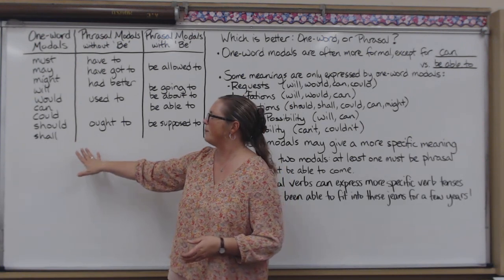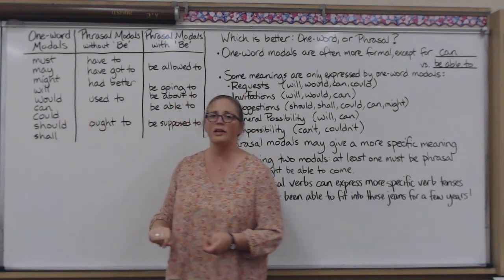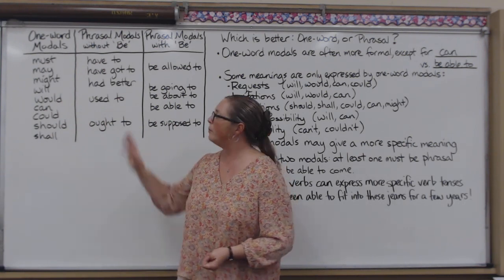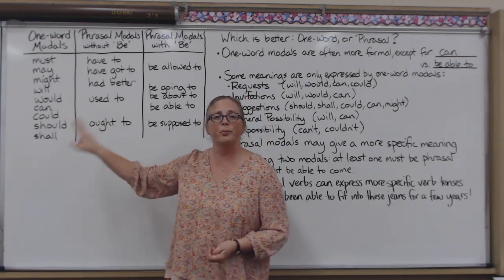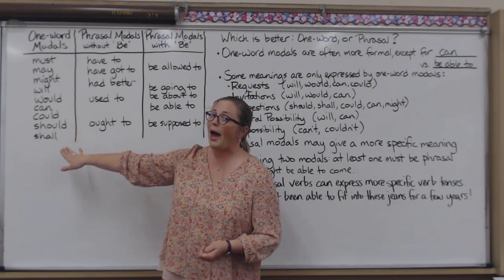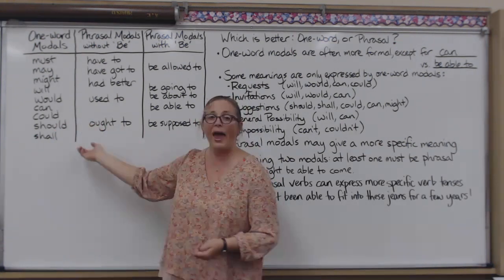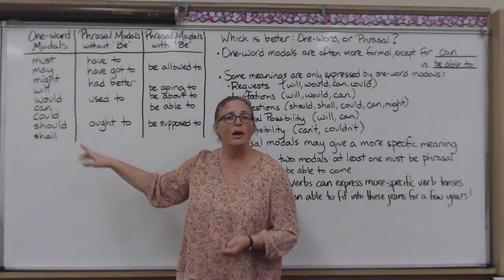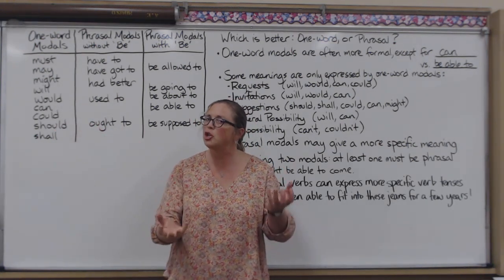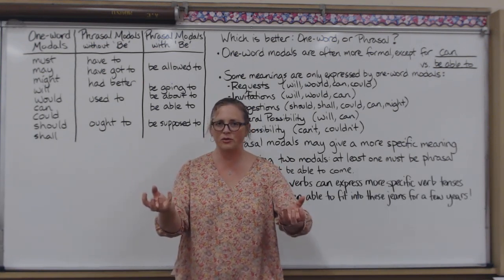There are some exceptions. Could is possible in the past. Would is possible in the past. But most of these are used for present and future. Many of them do have a past form, like should have, could have. But still, that's only two different forms, a present form and a past form.